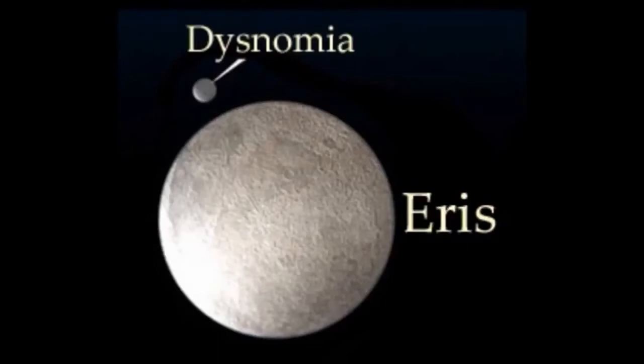The reason why I mention this particular moon is because people have claimed that this is in fact a UFO. Dysnomia is, according to some people, a UFO, because it's not causing the wobble effect they would expect.